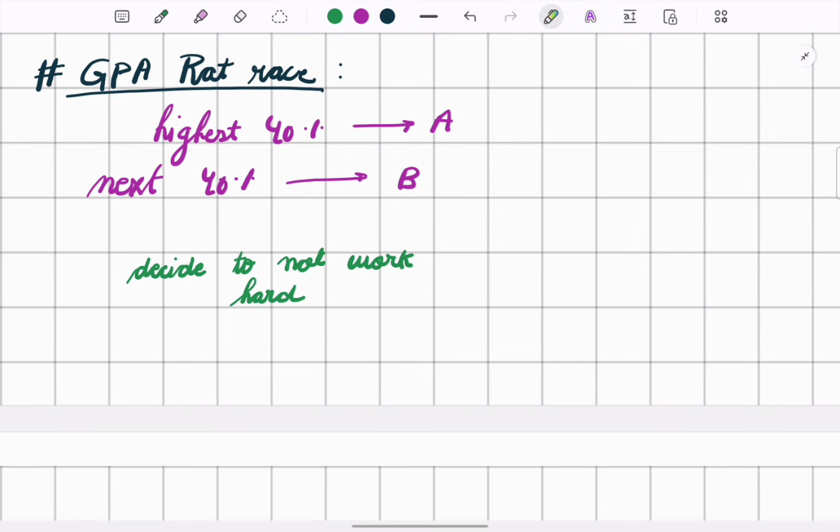But it is not only individual one who is thinking like this, all the individuals will think in this way: let me put in some effort and get a little higher marks so that I can for sure secure the grade A, right? And in this way, everyone else in the class is doing the same, and everyone is putting in higher effort to work hard.